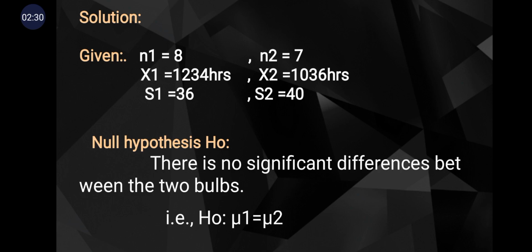Now the hypotheses. There are two types. First is the null hypothesis H0. In general, there is no significant difference between the population means. In this problem, there is no significant difference between the two bulbs: H0: mu1 equals mu2.